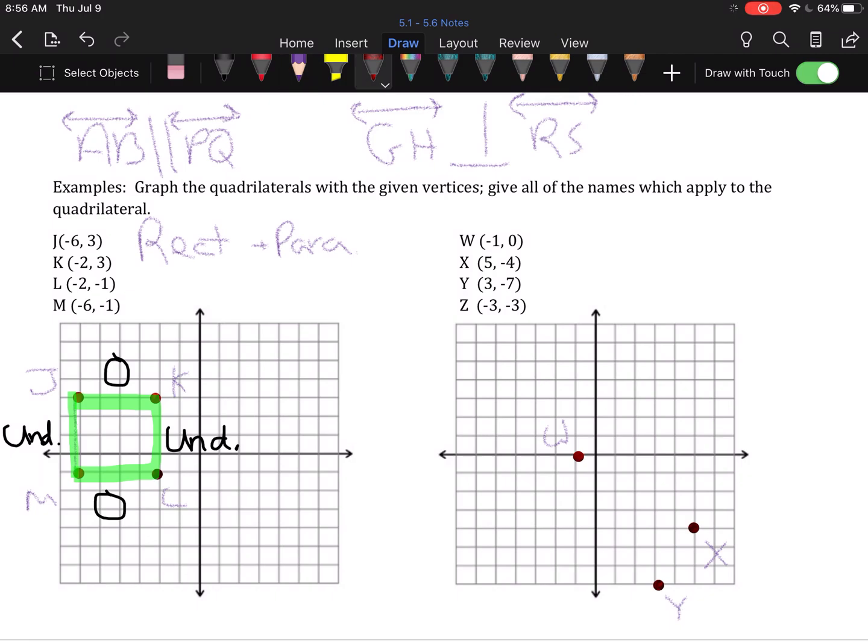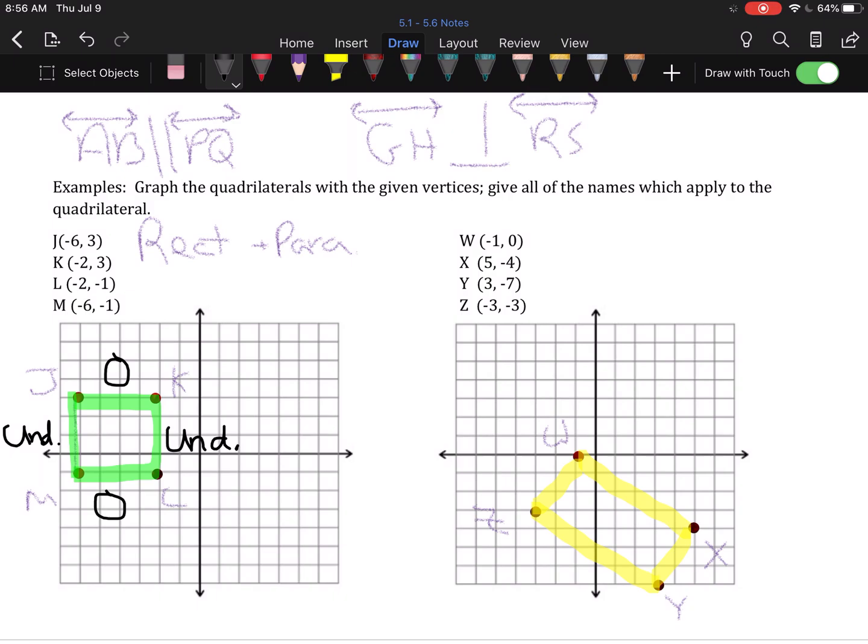And Z is at -3, so left 3, down 3. So -3, -3 is left down. That's Z. And what we have here is a diagram, 4-sided shape. I need my slopes.